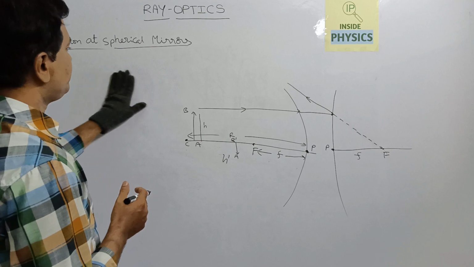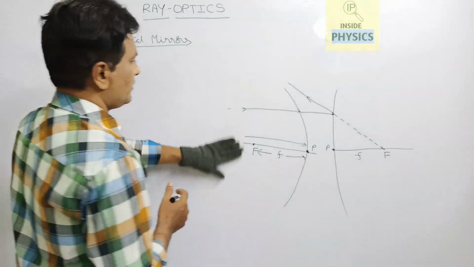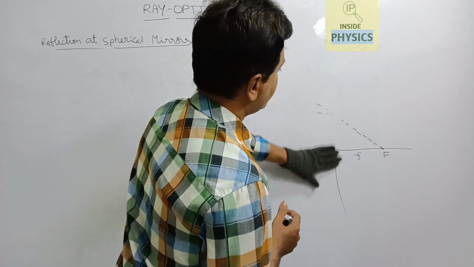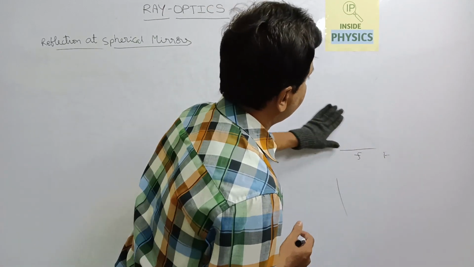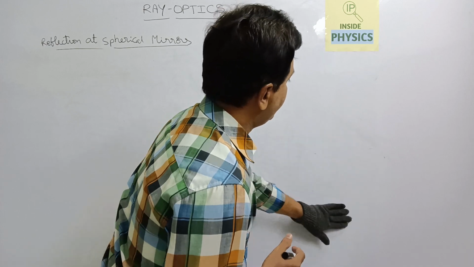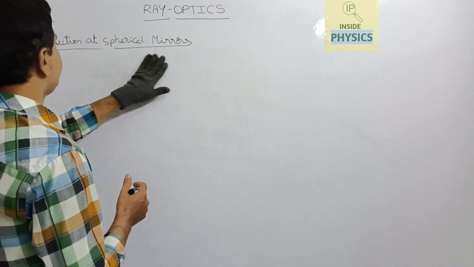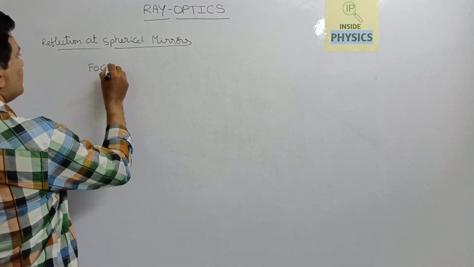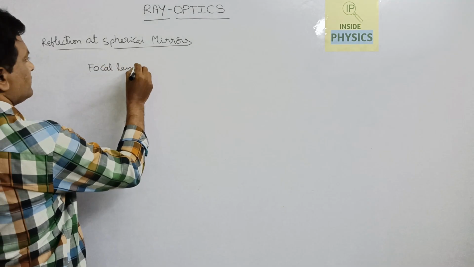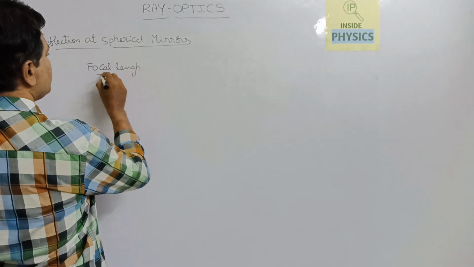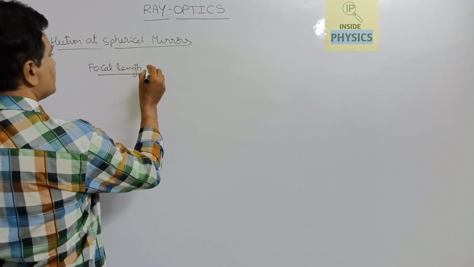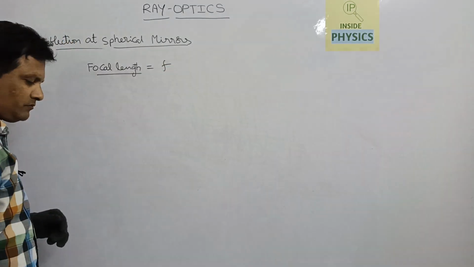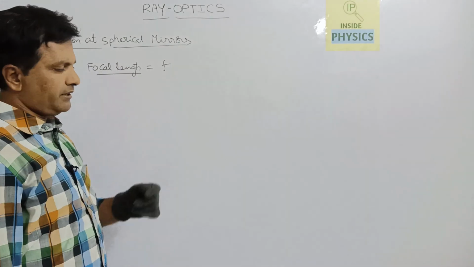So next, what is the focal length of a spherical mirror? We see what the focal length of a spherical mirror is. Focal length is denoted by f.